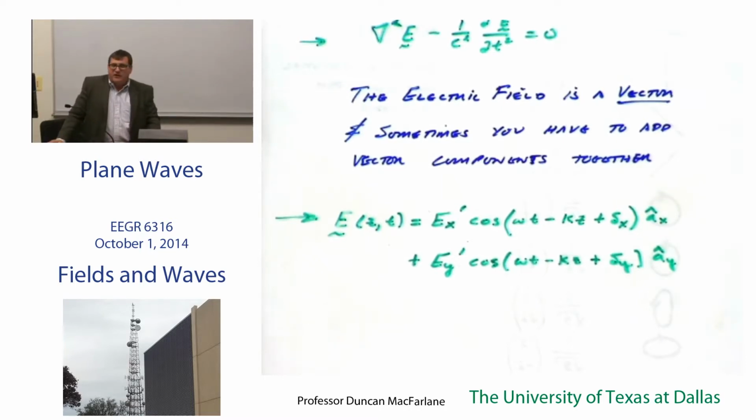Now notice, when I say what is the x direction and what is the y direction, the wave may not care. The wave probably doesn't know that I'm putting a ruler there. It probably doesn't care what I call x and what I call y.